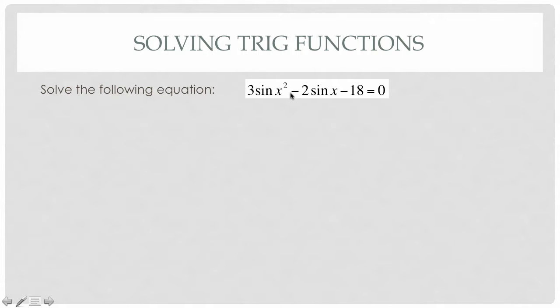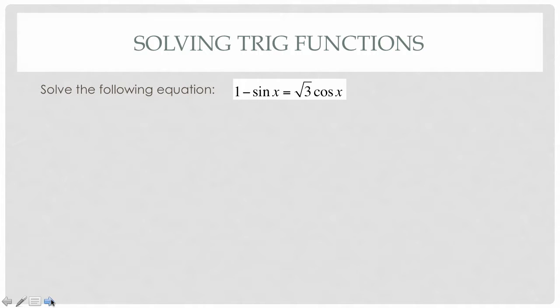But we weren't sure, so we graphed it, and we saw that there is no point on this graph where I get a y value of 0. It's shifted way down because of this negative 18. So that made me confirm that, yep, there is no solution. But anyway, there we go, solving trig functions, using algebra to solve it, but then graphically checking our work and understanding what's going on as well.